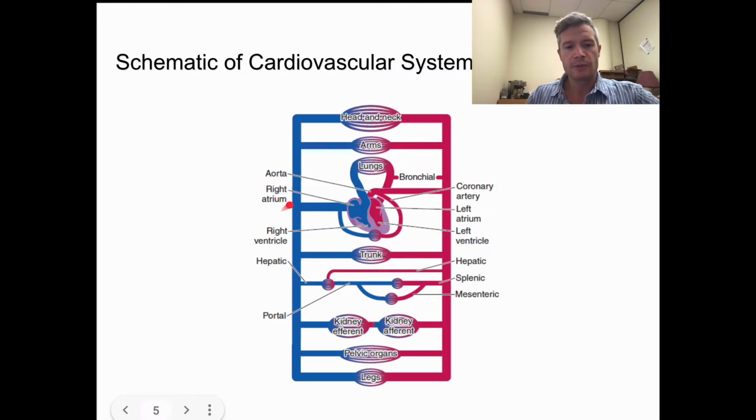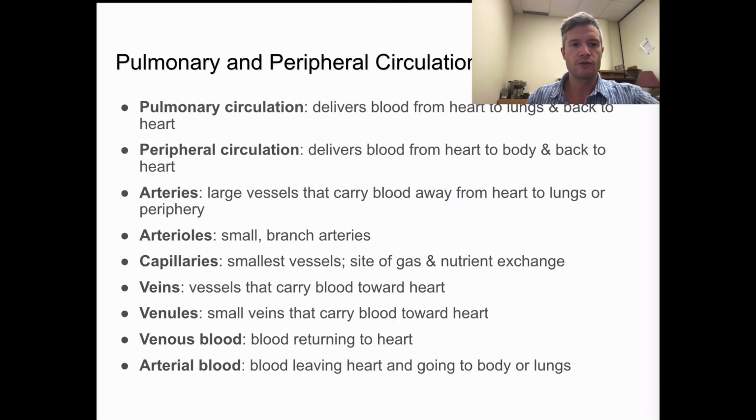Okay, so again, we get venous blood returning to the heart, ready to go through our pulmonary circulatory system before it goes on to our peripheral circulatory system, and rinse and repeat. Okay, good. That's a good starting overview.